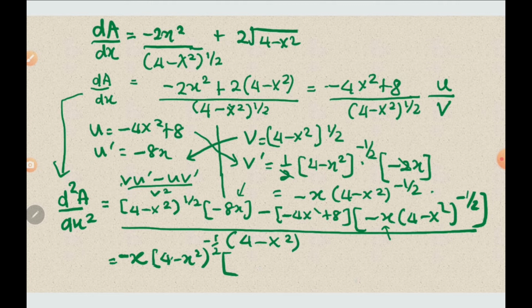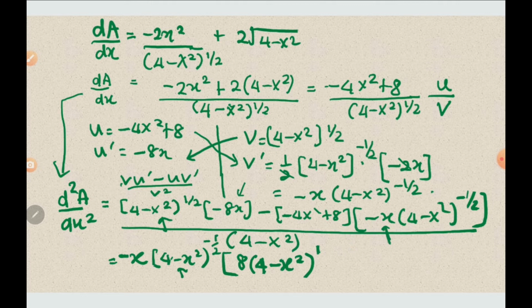So the remaining term here is 8 multiplied with (4 minus x squared), to the power of 1 actually. So if you multiply again with (4 minus x squared) to the power of negative half, you will get back this term, that is (4 minus x squared) to the power of half, because half minus 1 over 2 equals half.